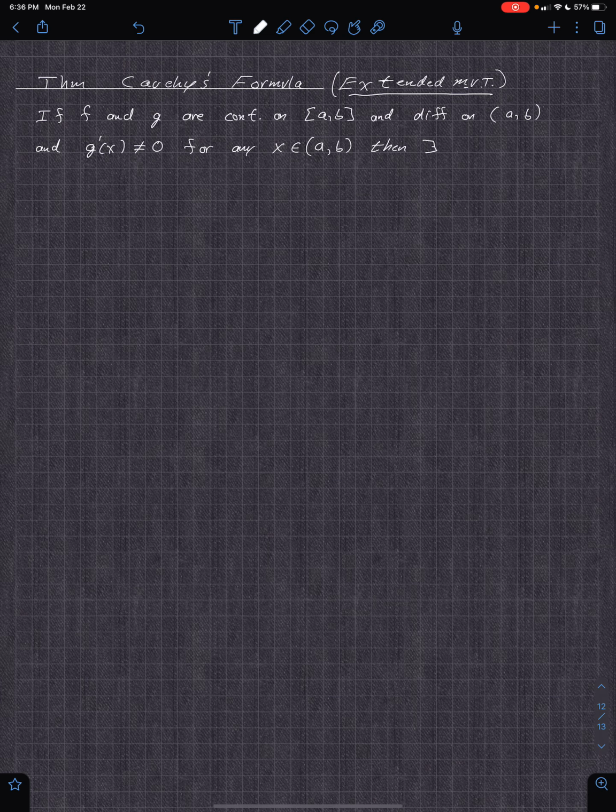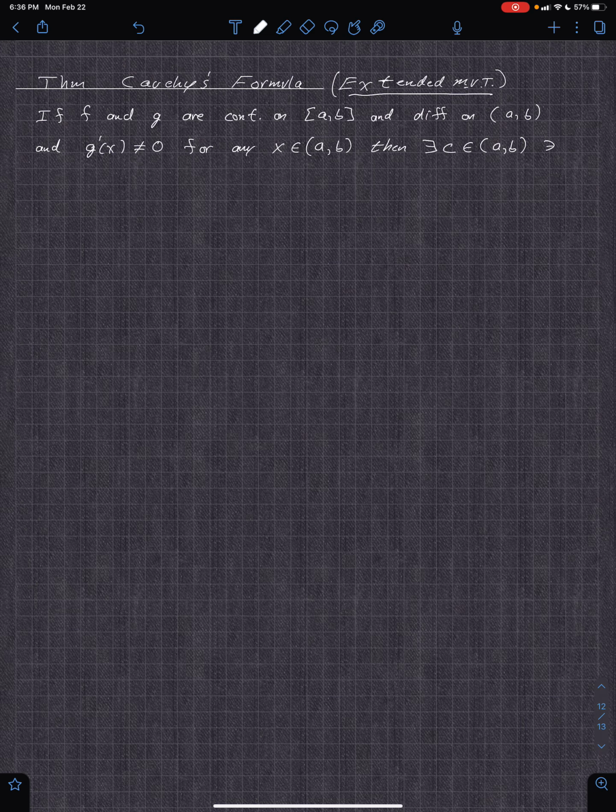Then there exists a C in the open interval from A to B such that, now this is where, if it was one function, you have the mean value theorem. So this is where you get this ratio.